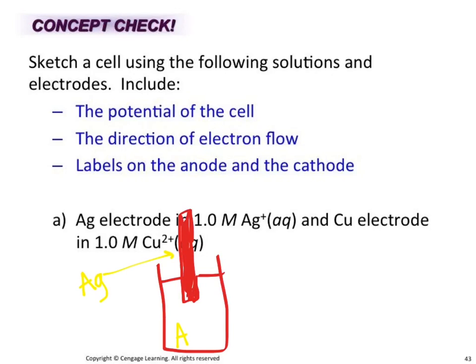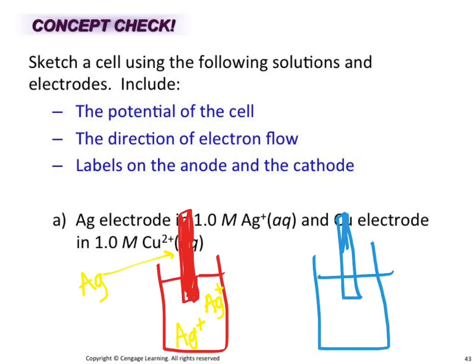And then I have silver ions out here in my solution. And then we're going to do the same thing for our copper. So here's our copper, and we have copper 2 pluses floating out here.